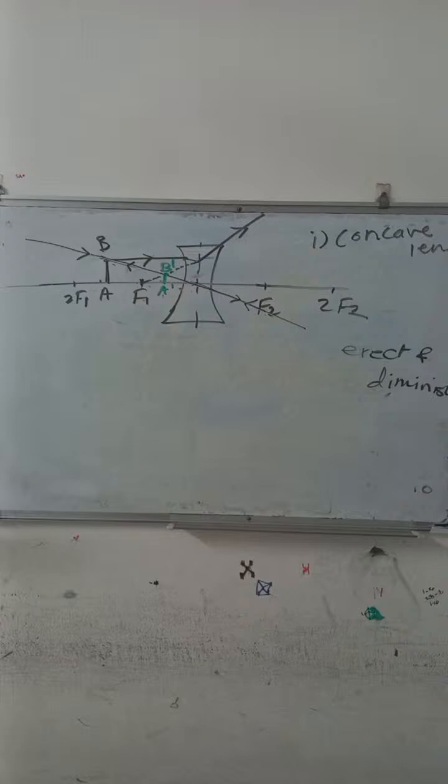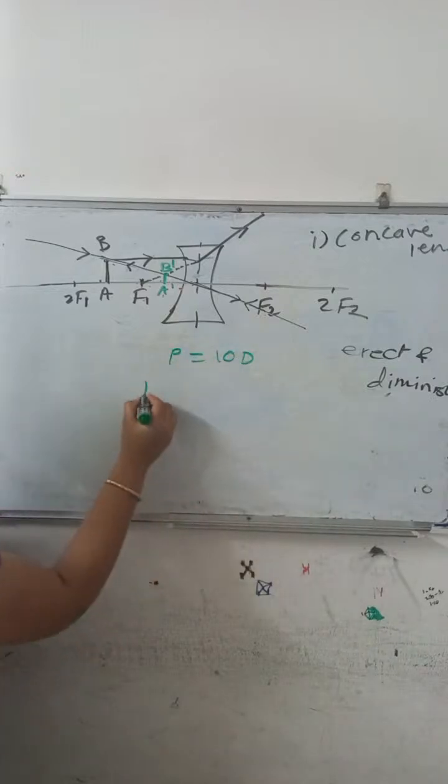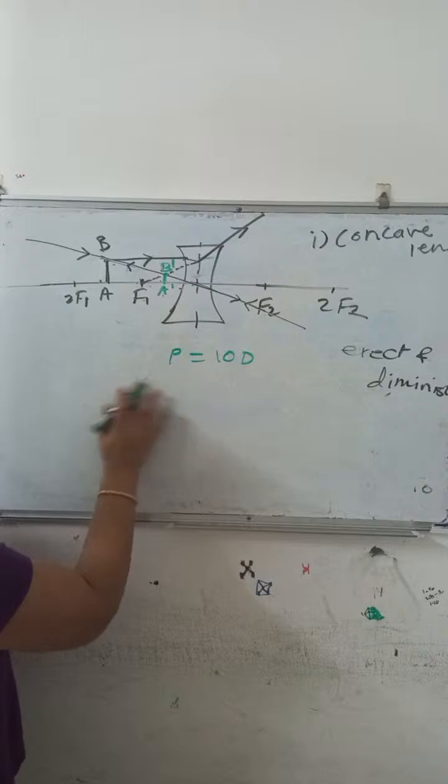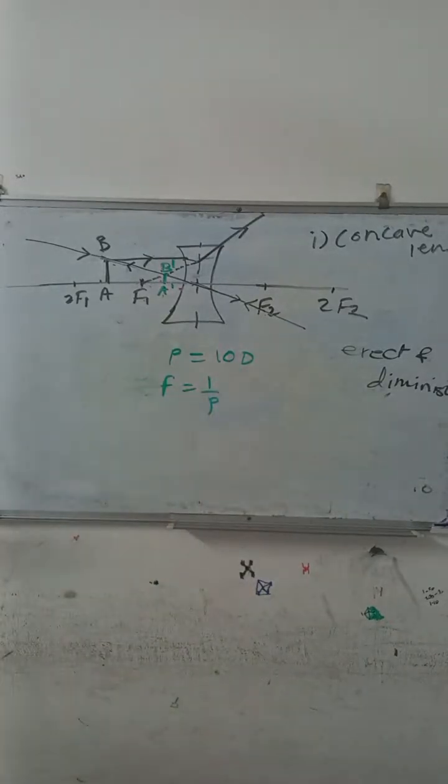Okay, so the question is not yet completed. We have to find out the focal length of this. Power is given, that is 10 diopter, and we know that focal length is 1 upon power. So here you can write 1 upon 10 diopter.